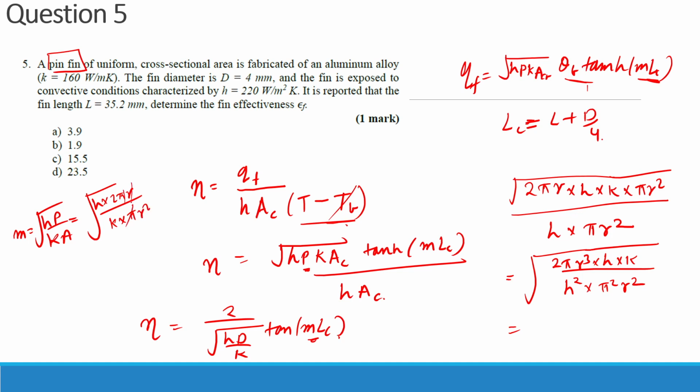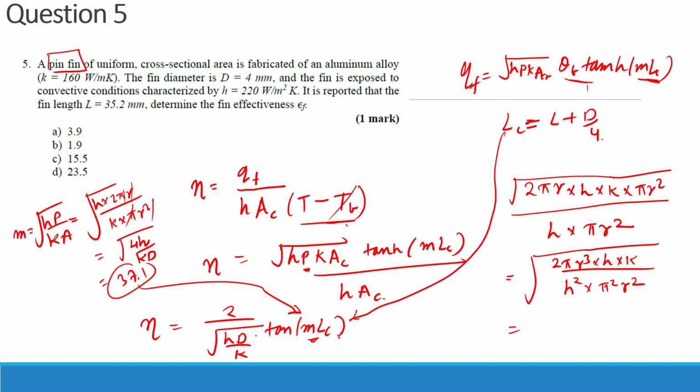So this will get cancelled out. So it is nothing but under root of 4h upon k D. So this will come around 37.1. So this value you have to put over here, L_c is this term, and ultimately you can get this effectiveness.